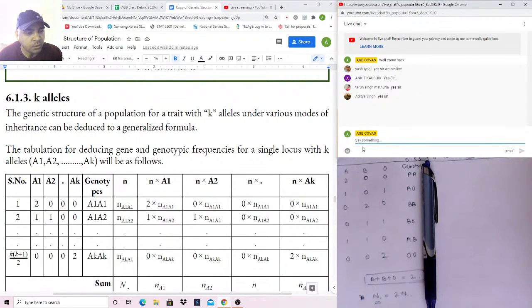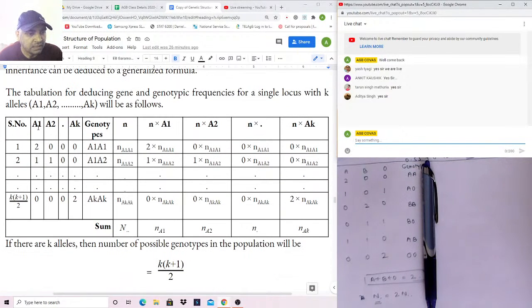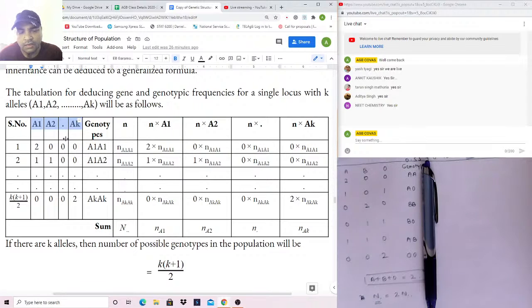From the above example, you might have seen that the number of alleles is taken here for making these grouping variables, and these dummy variables for different alleles. And genotypes are written here, with the number of individuals with a particular genotype. And this is how we multiply each number of genotype with the dummy variable, isn't it?